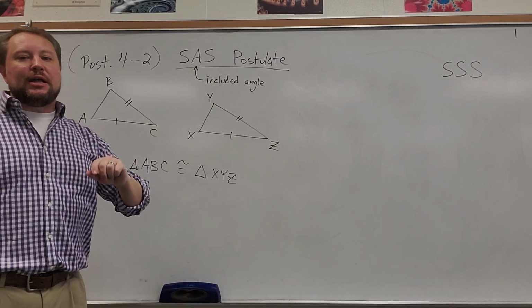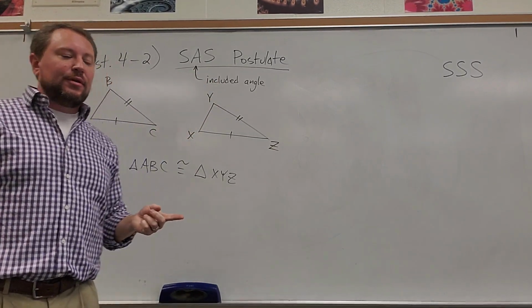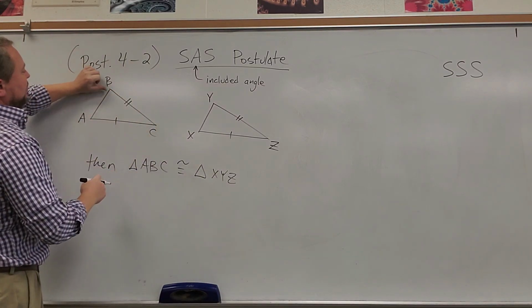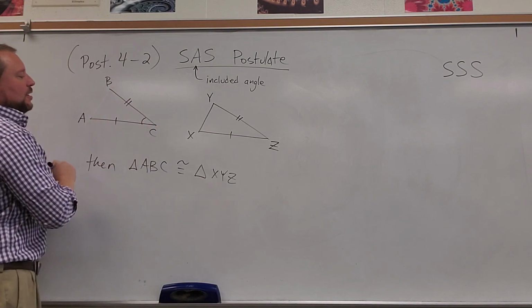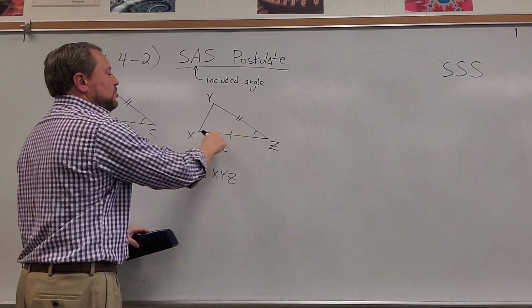I just mentioned that a little bit ago. That just is a fancy way of saying in between. So if I look in between these 2 sides, if I ignore the 3rd side, right in between is angle C. Same over here, angle Z is in between those 2 sides.